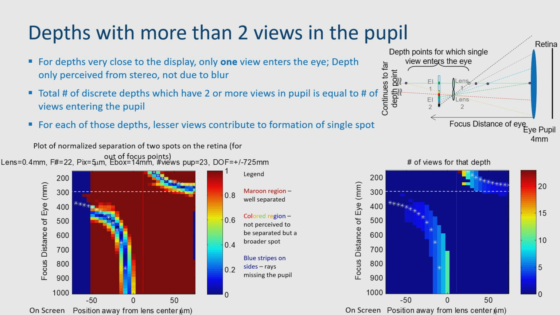That means you can perceive depth only by stereo. You cannot do it with depth blur. The second conclusion is that the total number of discrete depths for which we can have retinal blur is equivalent to the number of views getting into the pupil. This is something which I hadn't seen reported before.